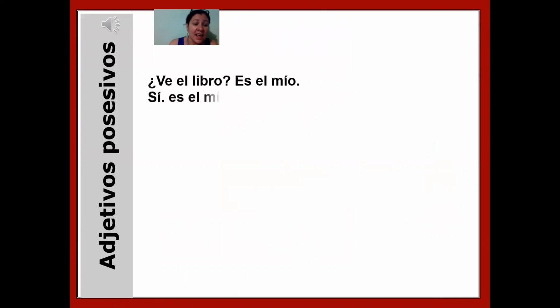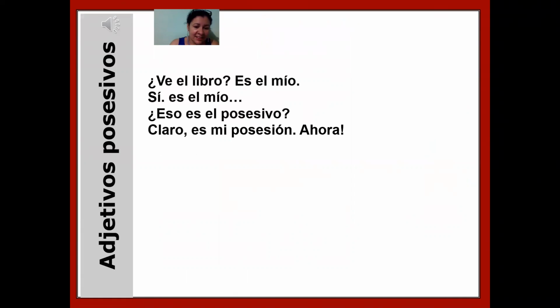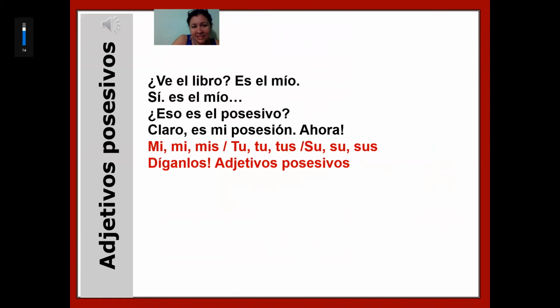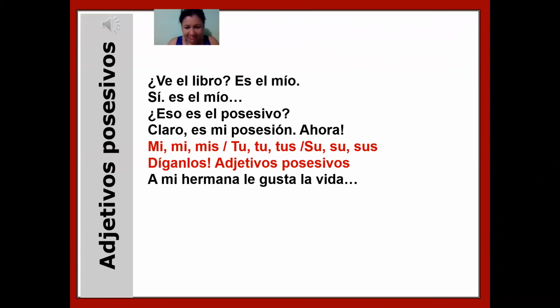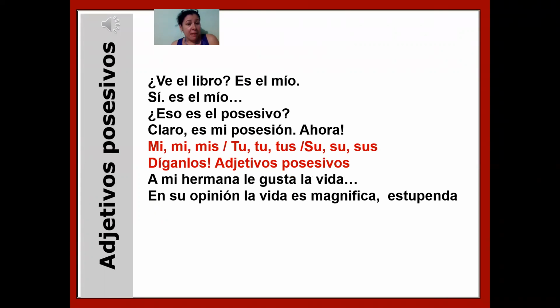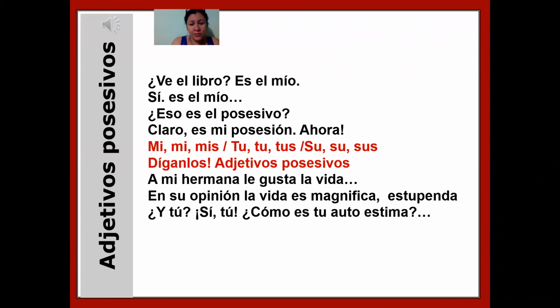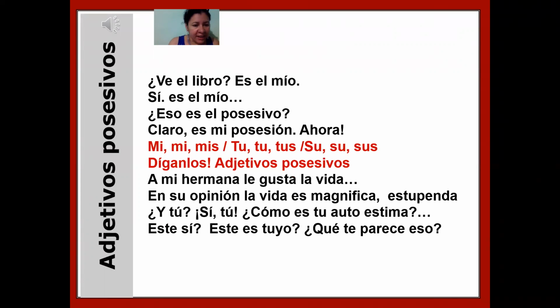El libro es el mío, sí, es el mío. Eso es el posesivo, claro, es mi obsesión. Ahora, mis, tu, tus, sus, dígalos, adjetivos posesivos. A mi hermana le gusta la vida, en su opinión la vida es magnífica, estupenda. ¿Y tú? ¿Cómo es tu autoestima? ¿Es de ti? ¿Es de tuyo? ¿Qué te parece eso?